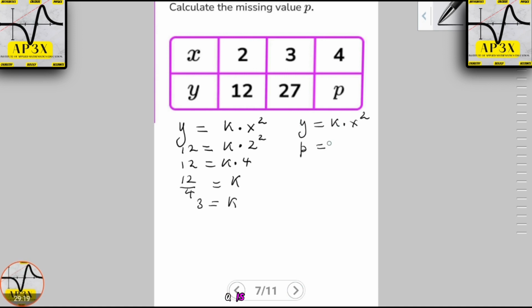K is in fact going to be 3 multiplied by x. In this case, up top, x is 4. That's the column that contains the 4. So that's 4 squared. So p is equal to 3 multiplied by 16. So p works out here to be 48.